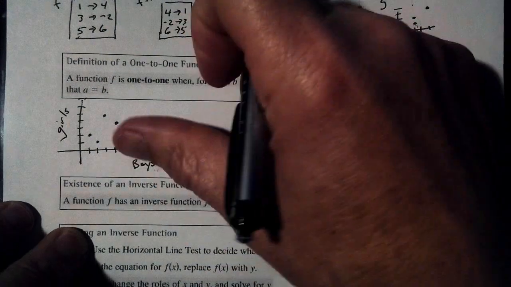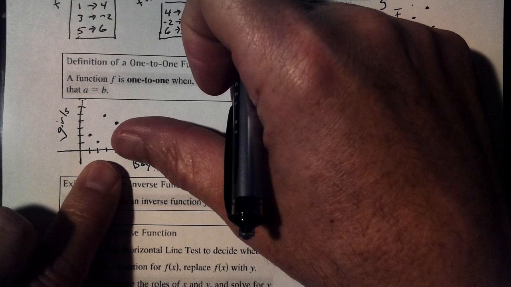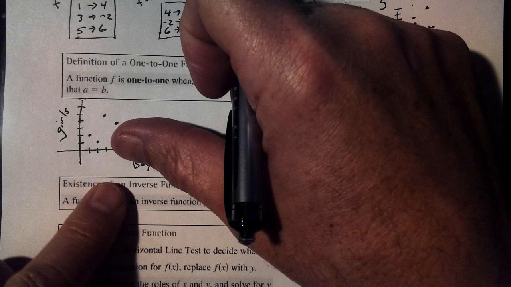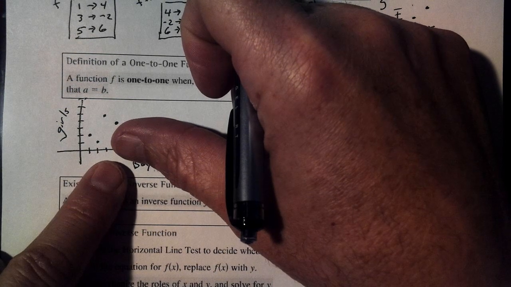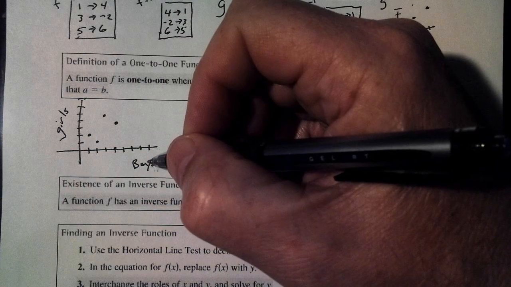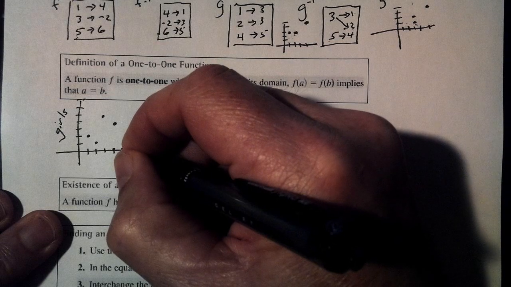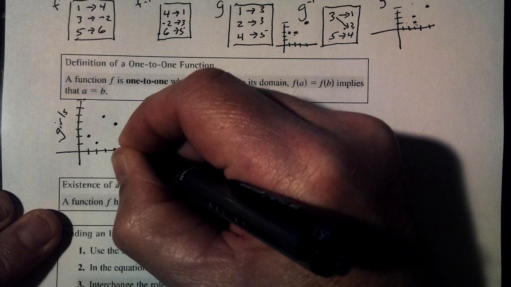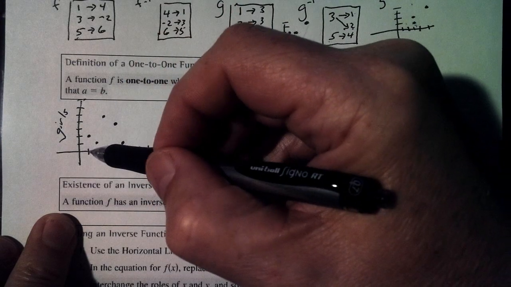Does that represent a function if there's only boys 1, 2, 3, and 4? Yep, every boy is assigned to a different girl, and no boy is assigned to 2 girls. So that is a function. Now, if boy 5 is going with girl 1, is that a function? It is a function.